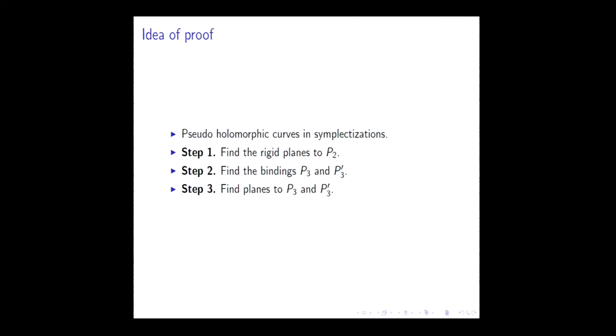So the idea of the proof: we have to produce this foliation. And we use holomorphic curves in the symplectization of the three-manifold. There are three main steps. Find the rigid planes.